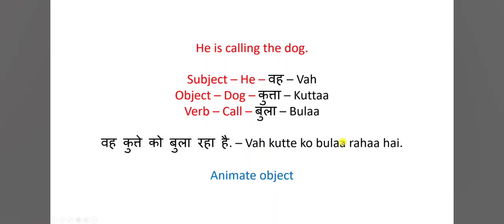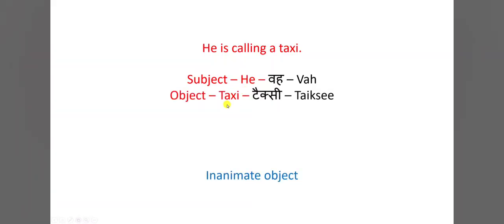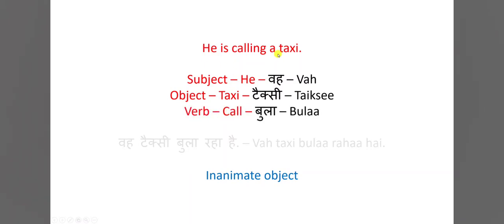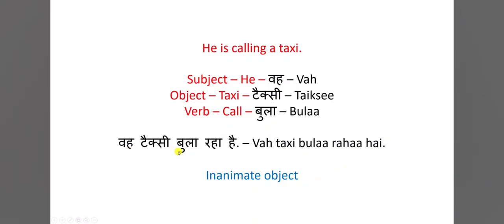Next. He is calling a taxi. Subject is he. Object is taxi, which is inanimate here. Verb is call. This sentence in Hindi is वह टैक्सी बुला रहा है.